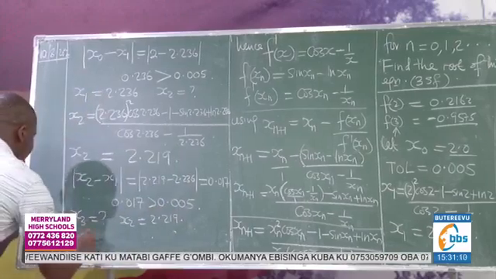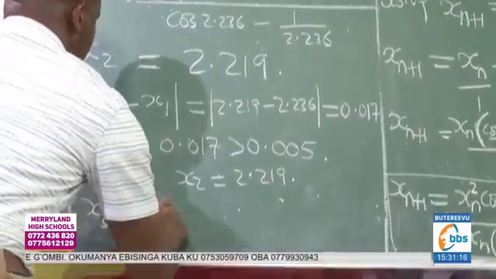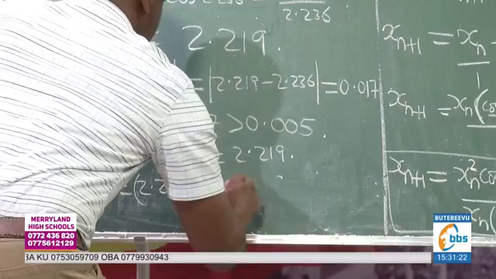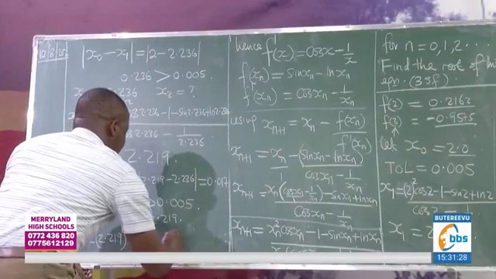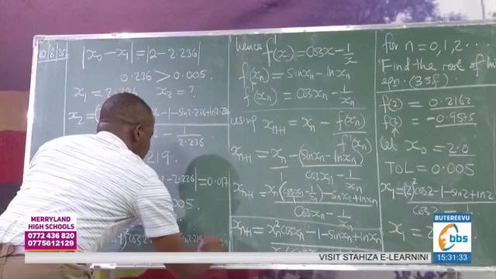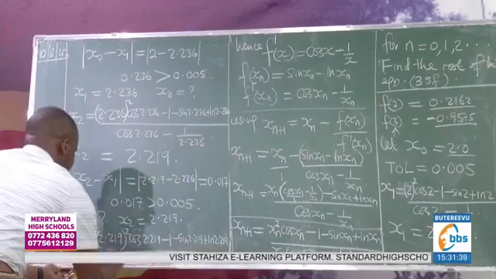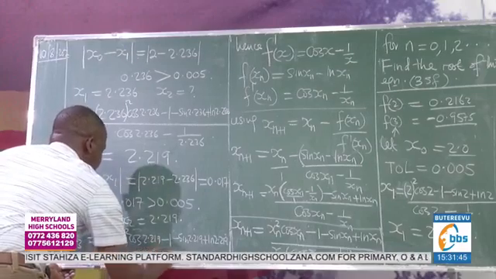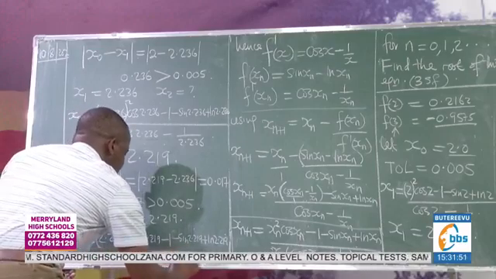Our x3, we substitute again here, will be 2.219 squared times the cos of 2.219 minus 1, minus the sine of 2.219 plus the ln of 2.219, all divided by 2.219 times the cos of 2.219 minus 1 over 2.219.